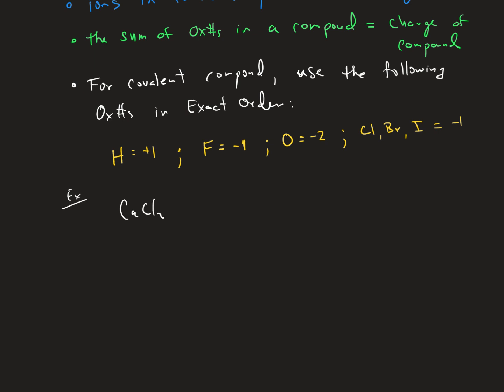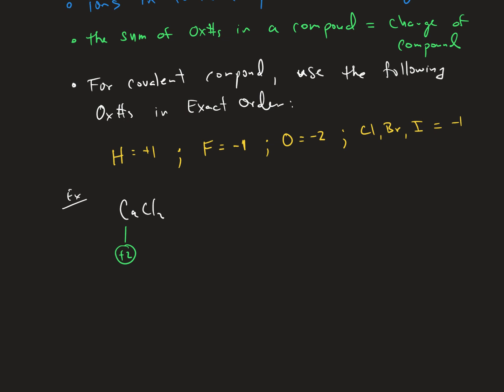What's the oxidation number for calcium? +2. The difference is we don't call it 2 plus, we call it positive 2. Oxidation number isn't really the charge, but basically it's the charge, right?